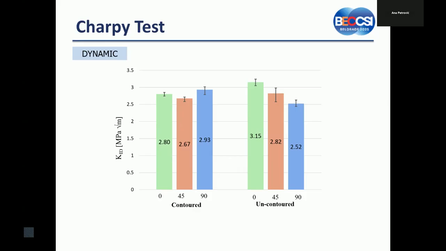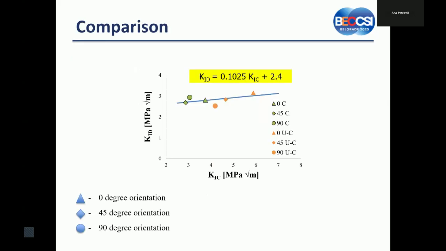But what we can see if we plot the dynamic fracture toughness versus the static fracture toughness, considering different manufacturing parameters, is that on the static value, we have a span between 3 and less than 6, 5.88 megapascal square meters.